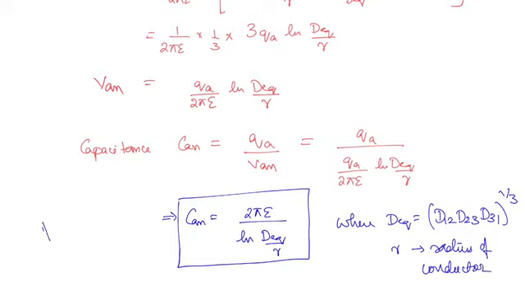So this is the per phase capacitance of a 3-phase transmission line. Now we will see the capacitance per phase for an equilaterally spaced 3-phase transmission line.